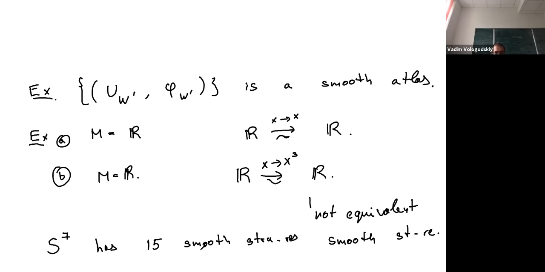So there are precisely 15 smooth manifolds which are homeomorphic to S^7 but which are not pairwise diffeomorphic.